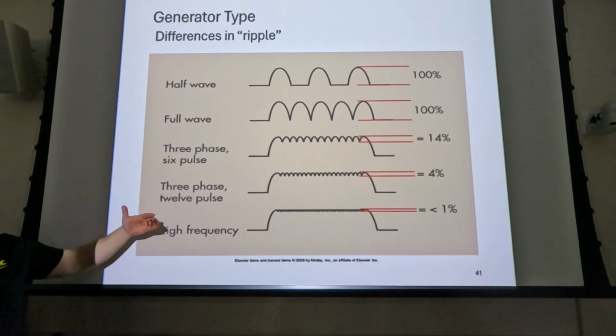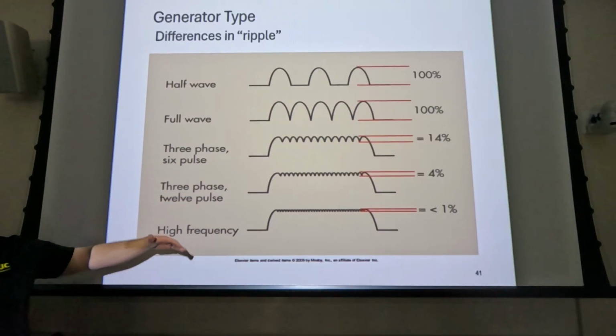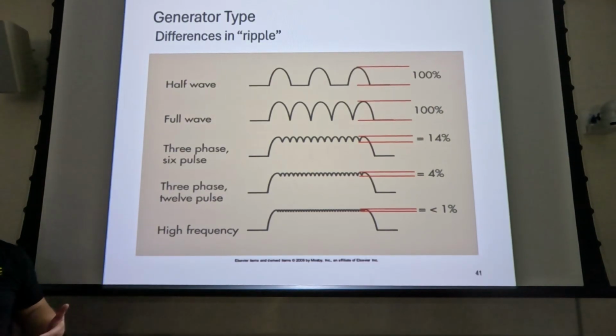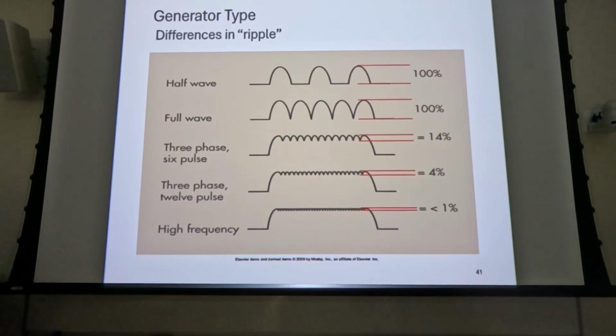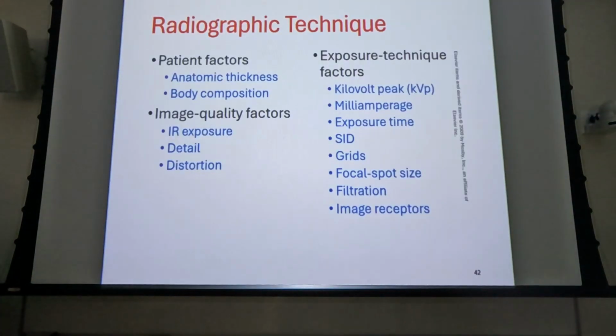So if you're working with three-phase 12 pulse and you switch over to high frequency, the amount of change necessary is so minimal that you could use the same technique in both rooms and not really see any effects on the image. But if you went from single phase to high frequency, potentially you could.